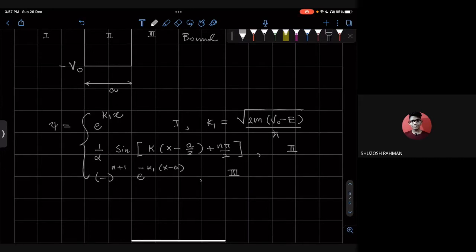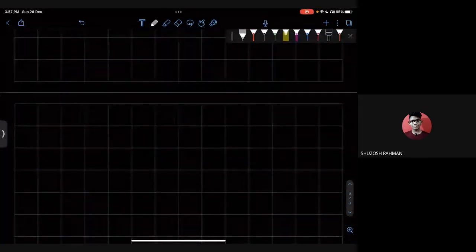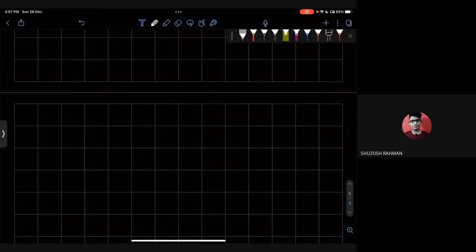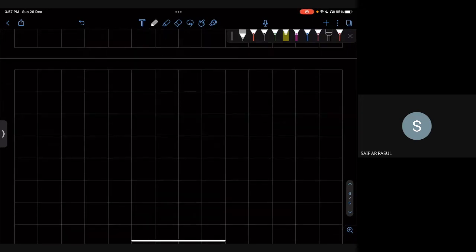Okay, and we saw that to solve for the energy, we needed to solve a transcendental equation. Yes, a transcendental equation, a very religious equation, right?